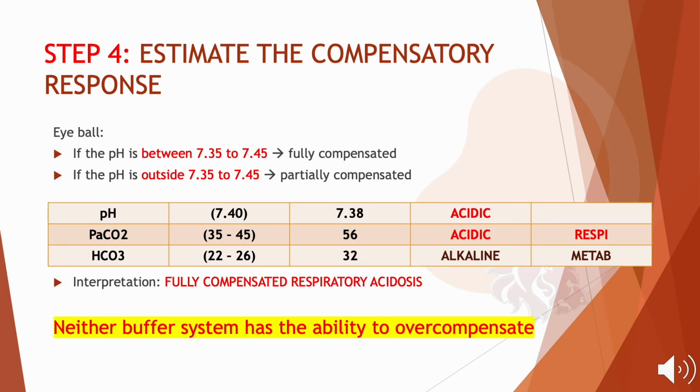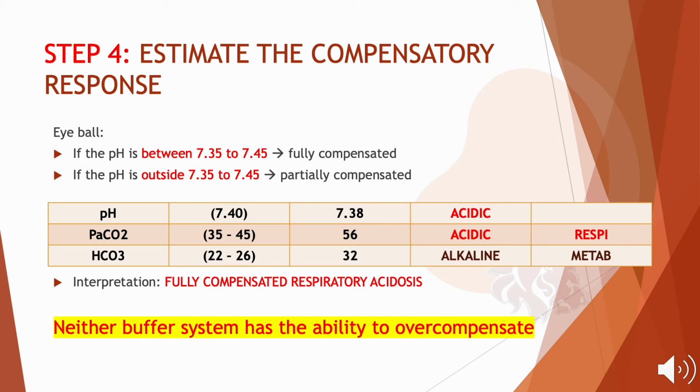Next, we assess for the appropriateness of the compensatory response. In a patient with respiratory acidosis, the expected compensatory or secondary response is for the kidneys to generate bicarbonate. By mere eyeballing the values of the ABG without computation, we see that the bicarbonate went up to 35 and the pH is within the normal range, meaning the compensatory response of the kidneys is enough to bring the pH back to a normal range, thus it is called fully compensated.